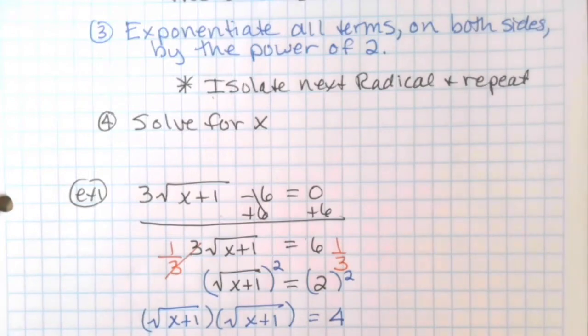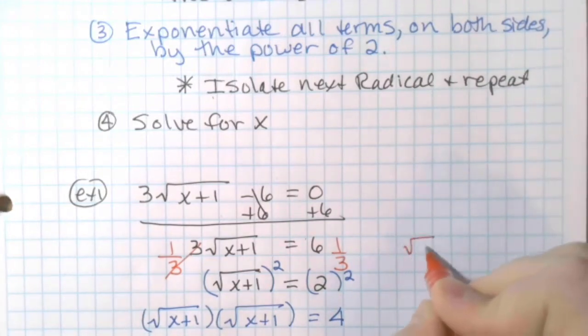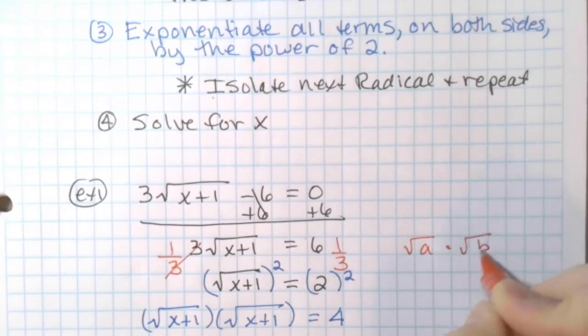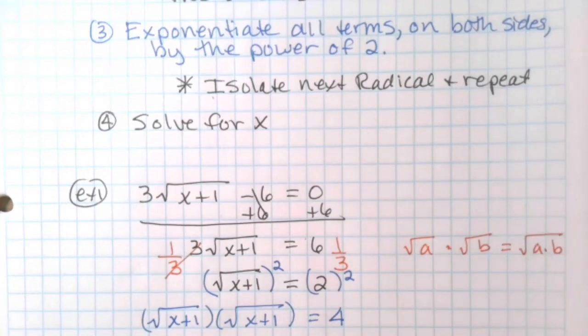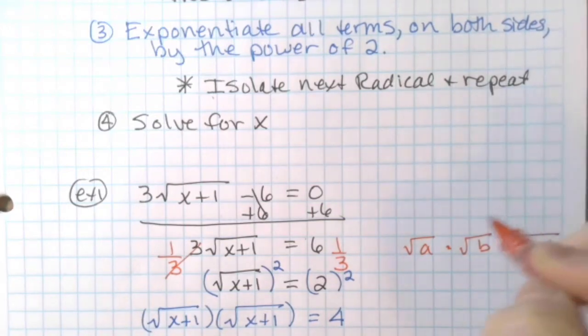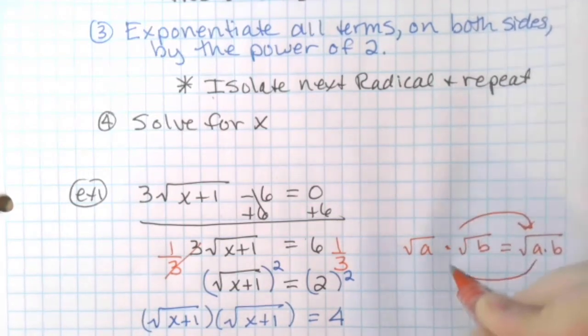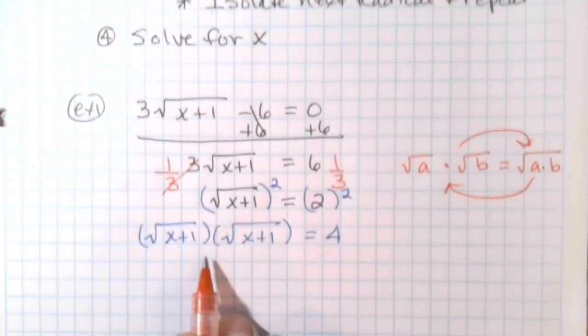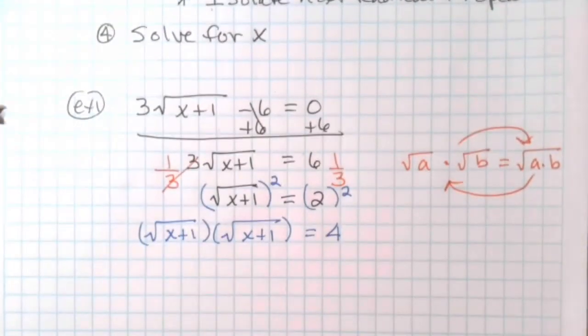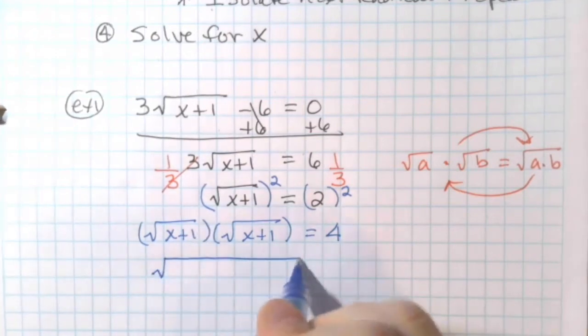But we have a property of radicals that says if you take a square root of a times a square root of b, you can combine it into square root a times b. But this process not only goes forward, it goes backwards. So here, where we have two radicals, we can now combine the radicals under one big radical sign.